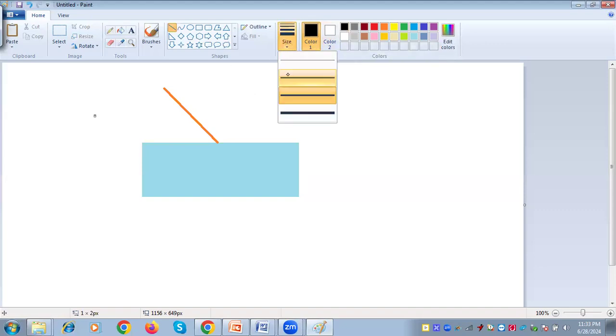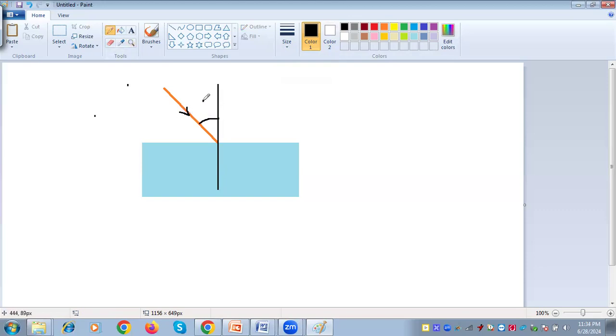The normal will be at 90 degrees to the surface. And this is the angle of incidence. This is the direction in which the ray is traveling. And the angle of refraction will be smaller in the second medium. And this angle is R.